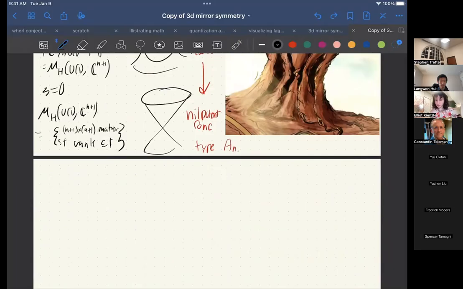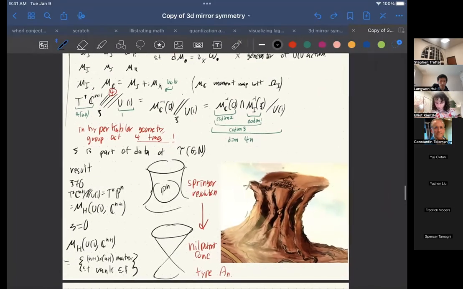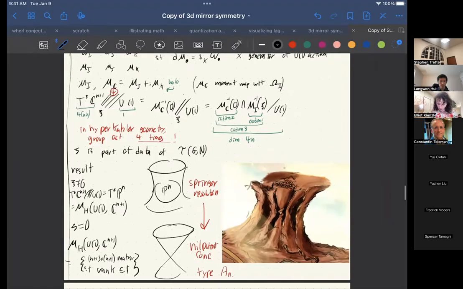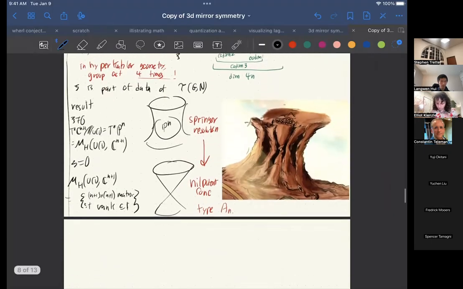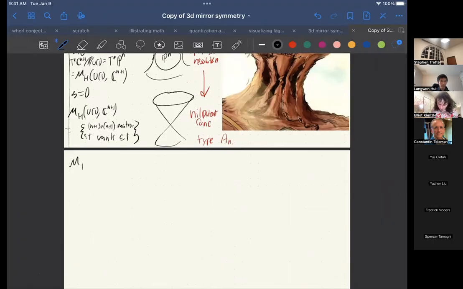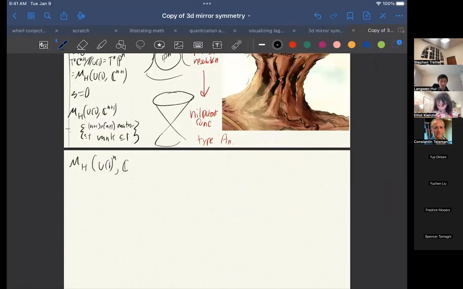Now, as I go down, let's take the other example. So we've figured out the Higgs branch. I've told you what the Higgs branch looks like for this particular group. Now let's do the mirror. So the Higgs branch for U1 to the N, with n plus 1, is going to be given once again by a hyperkähler reduction.